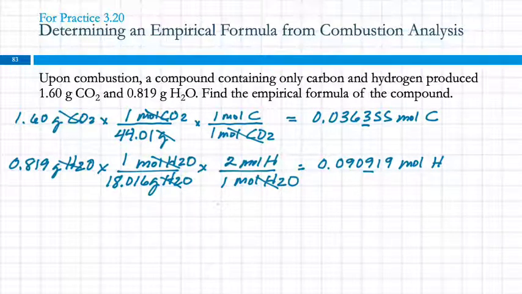So what do I do once I get my moles of elements? I need the ratio, right? I need the ratio of moles in small whole numbers. Well, I've got yucky fractions. I'm going to take the smallest and divide both of them by the smallest.